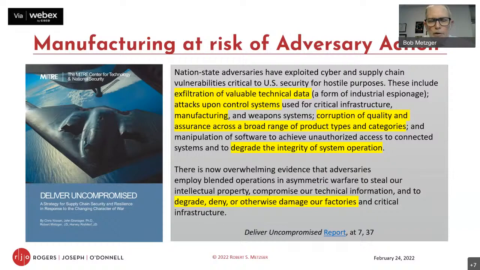And so, if we move towards a crisis where there's more international injury and participation in cyber conflict domains, unfortunately, there is a real chance that attacks could be done on a targeted basis to degrade, deny, or otherwise damage our factories, our critical infrastructure, and our national logistics resources.